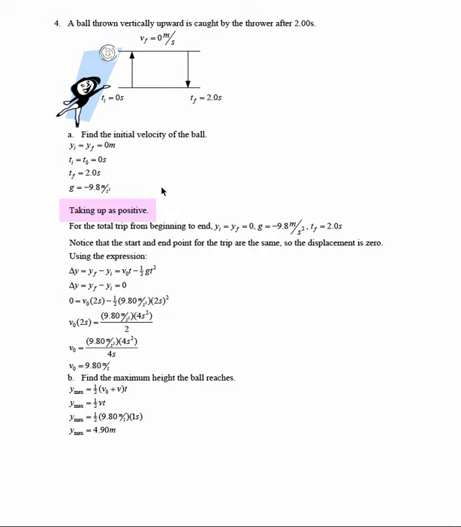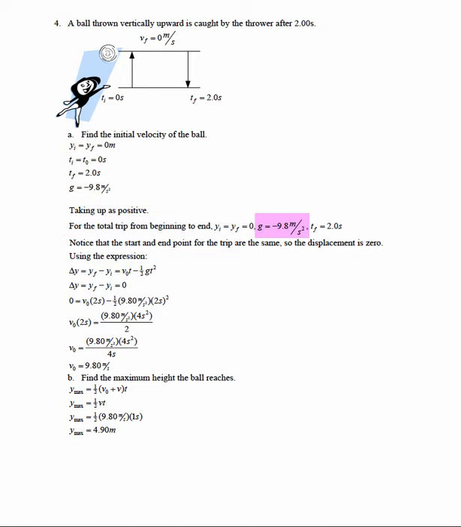So if we take up as positive, for the total trip from beginning to end, the initial height is equal to the final height, in this case the starting and stopping point gives us a 0.